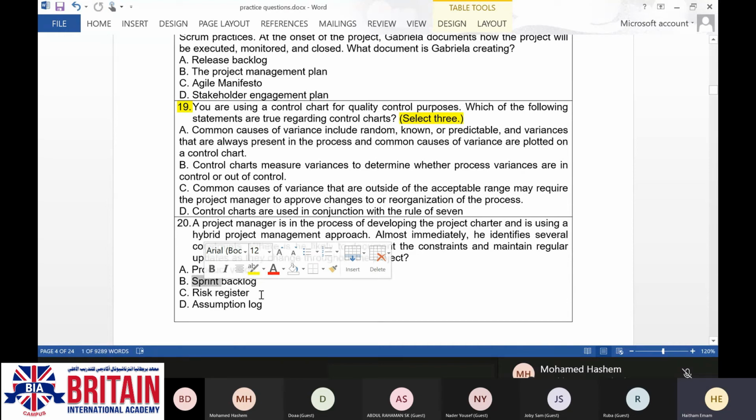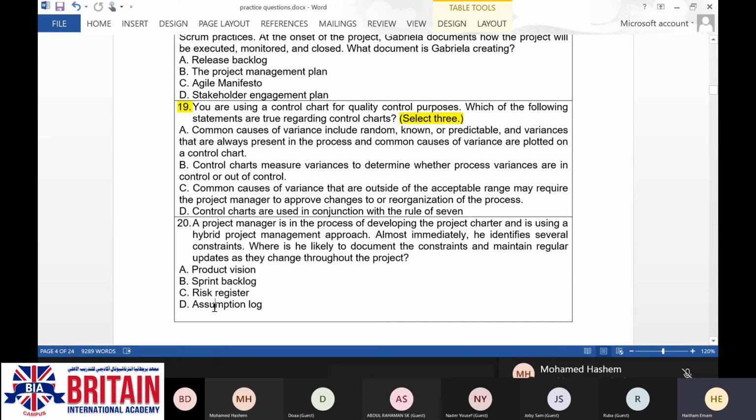Sprint backlog, it's related to the requirements, technical requirements of your project, or sorry, of your sprint, which will be conducted at this moment. Risk register, the assumptions and constraints, it will be converted into risk in case you are not committed to it.